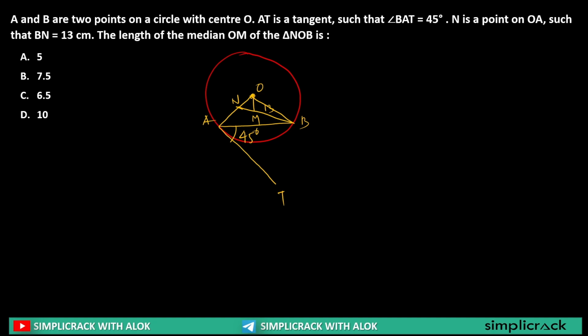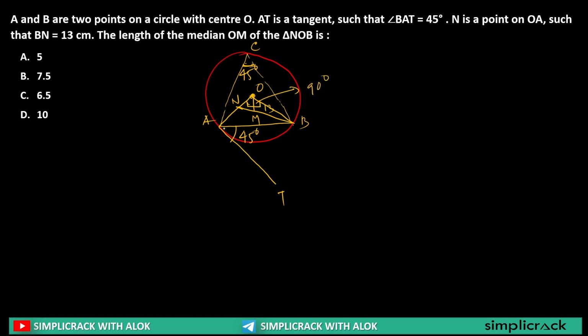That means what? Sir, if BAT is equal to 45 degrees, then you need to understand, if I draw a circle over here and take BCA, then by the alternate segment theorem, BCA will be equal to 45 degrees. Now if BCA is 45 degrees, this angle will be 90 degrees. Why will this angle be 90 degrees?